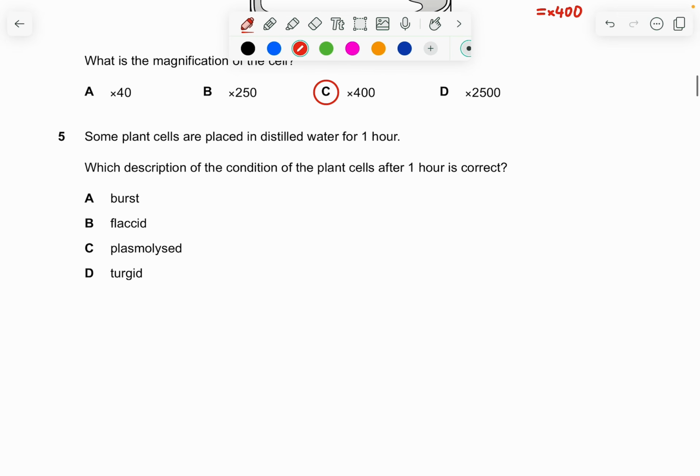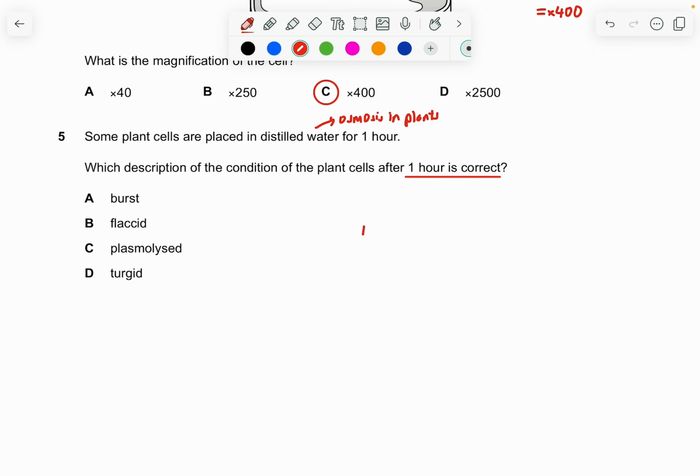Okay, question 5. Some plant cells are placed in distilled water for 1 hour. So this is me trying to link to you that this is osmosis in plants. So how does the turgidity work, whether it is able to withstand the water pressure. Which description of the condition of the plant cell after 1 hour is correct?